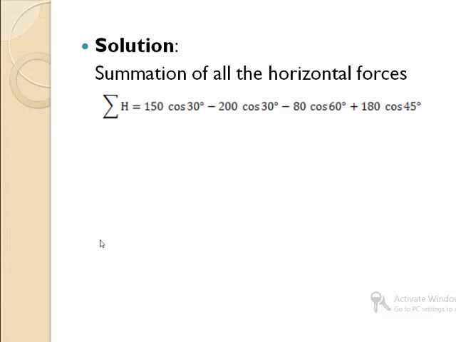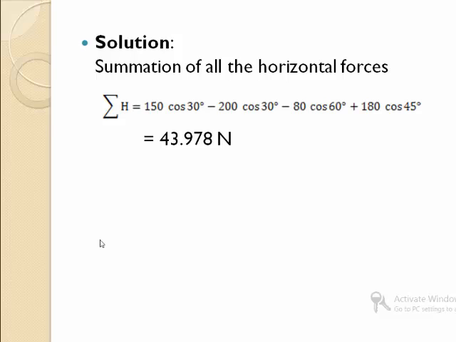The horizontal component of the third force is minus 80 cos 60, and the horizontal component of the fourth force is plus 180 cos 45. So by resolving this, we get the value of summation H as 43.978 Newton.